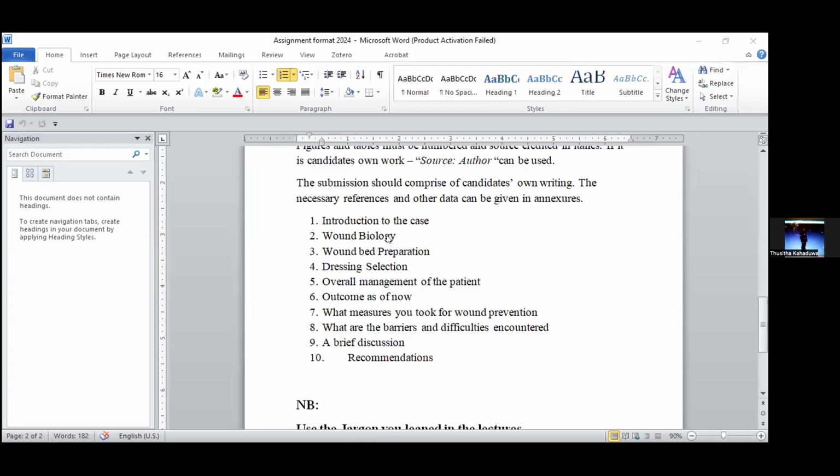You should go on doing the wound bed preparation and the dressing selection. So that is your basic reasoning for your bed preparation technique and dressing selection. Then plus overall management to support it. Then with that, short-term management outcome as of now.